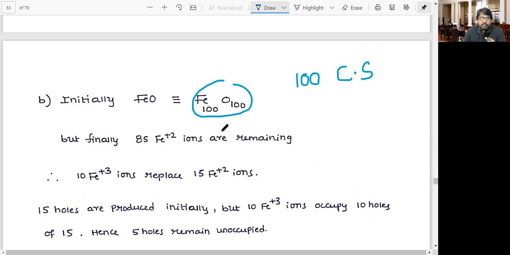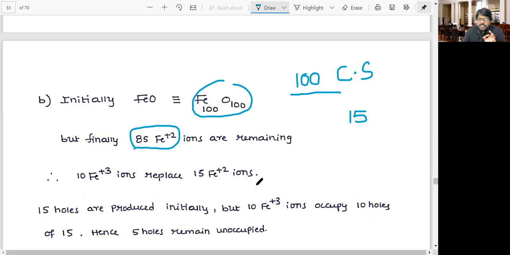In that 95, how many Fe+2 ions are present? 85. We are expecting 100, but only 85 are there. What about the remaining 15? Initially produced holes, cationic vacancy sites.